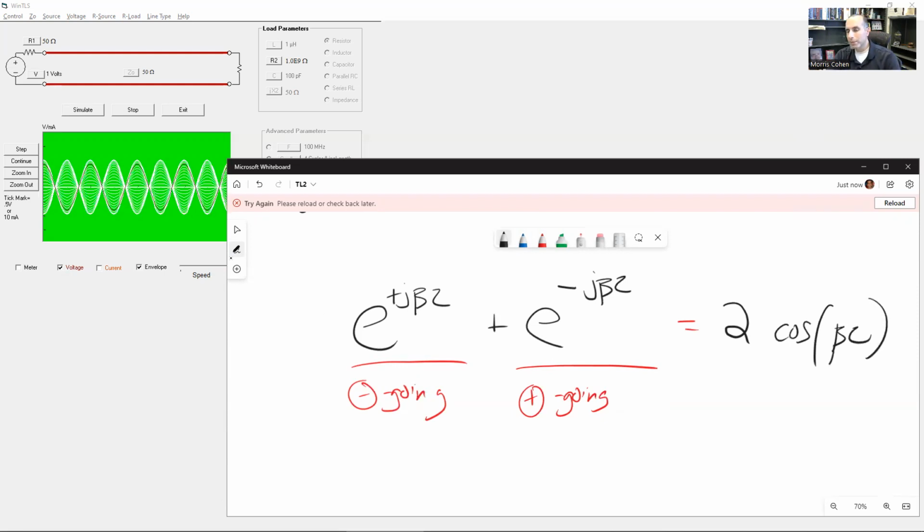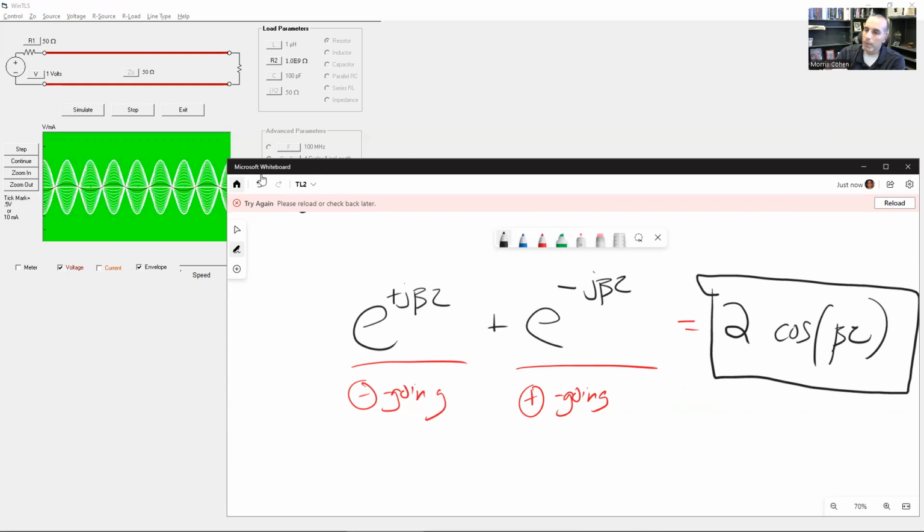And this works out to be the same thing. So remember, this is a phasor. The phasor value is going to vary as a cosine, which means it starts out with double the value when z equals 0, and it's going to slowly decrease everywhere else.